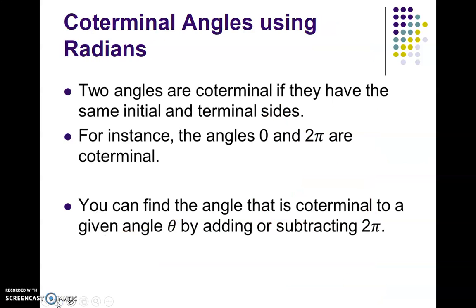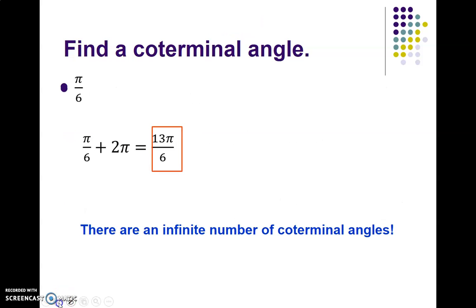Now, let's try to find the coterminals of the given angles using radians. Pi over 6. How do we find the coterminal again? For coterminal, you are going to add 360, which is equivalent to 2 pi, and you are going to subtract 360, or minus 2 pi.